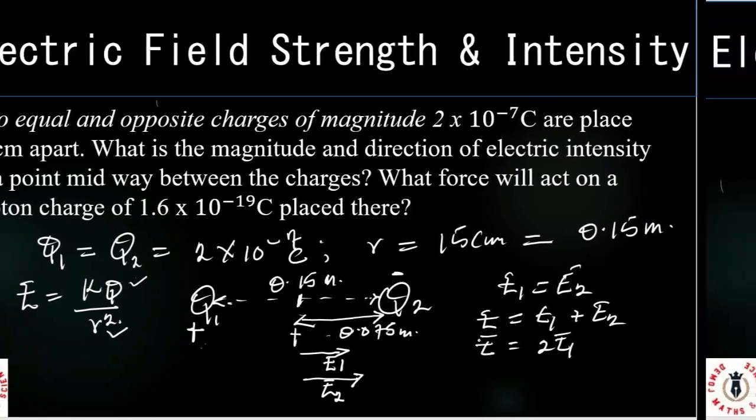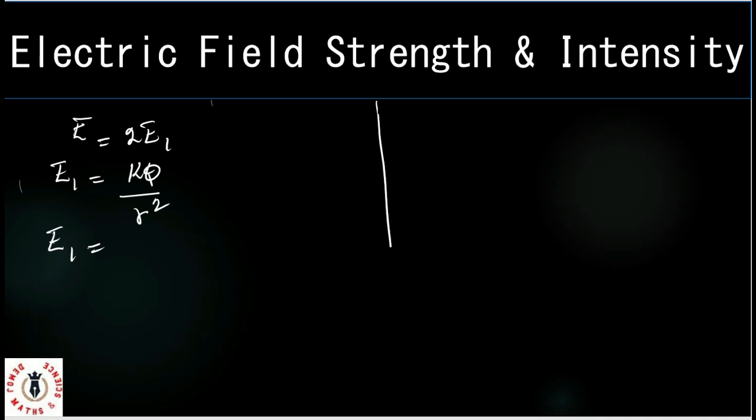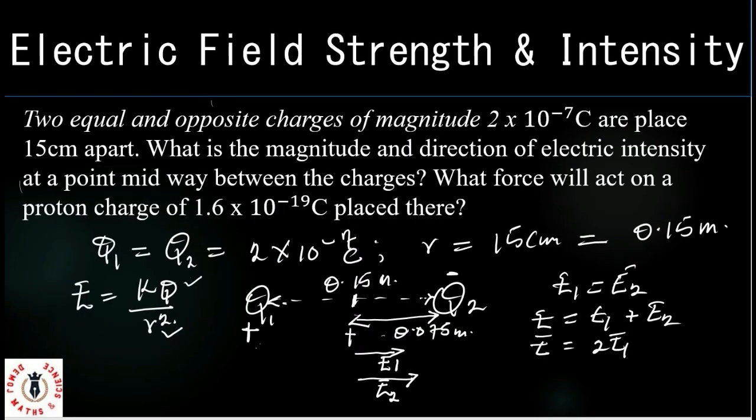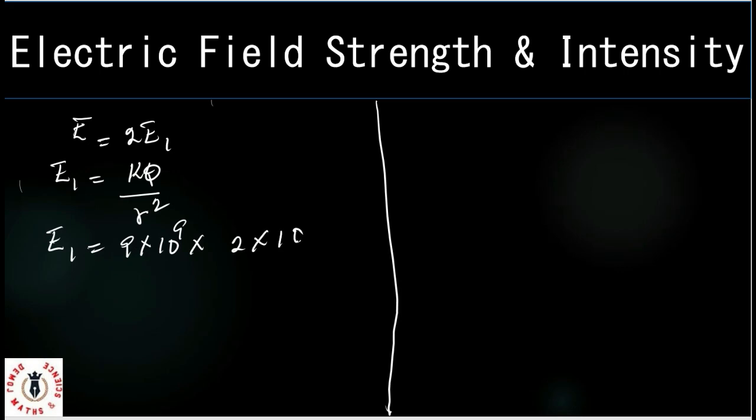Let's create more space. Now remember that my E is given as 2E1 and my E1 is given as KQ over R squared. So my E1 will be the same thing as K, which we know is 9 times 10 raised to power 9, times Q. Q is 2 times 10 raised to power minus 7.